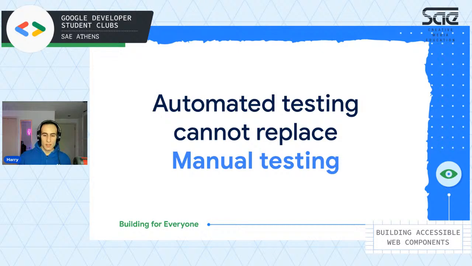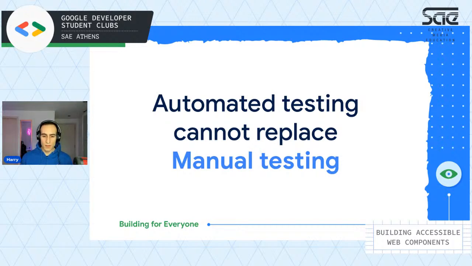Now you're going to see I have a long list that I will share with you afterwards with many tools to do accessibility audits or just check daily with automatic testing. I find automatic testing very useful.